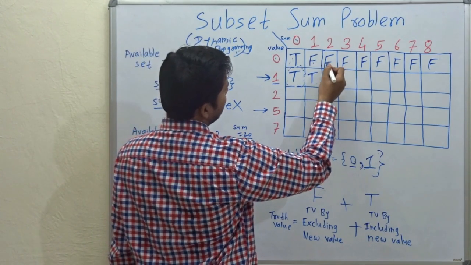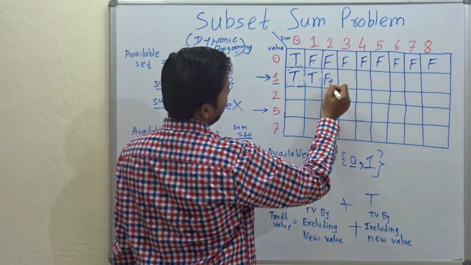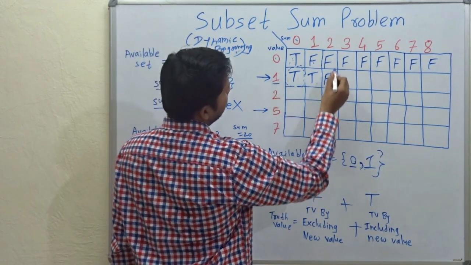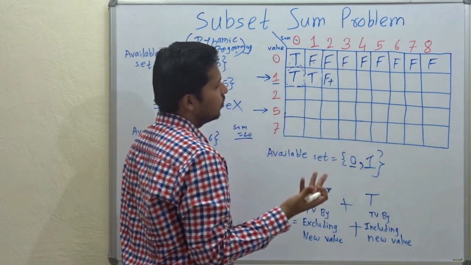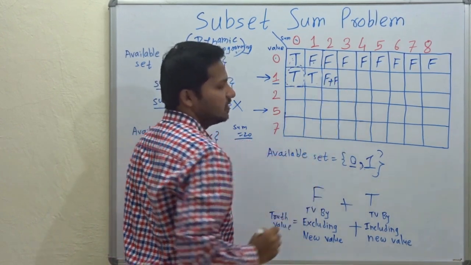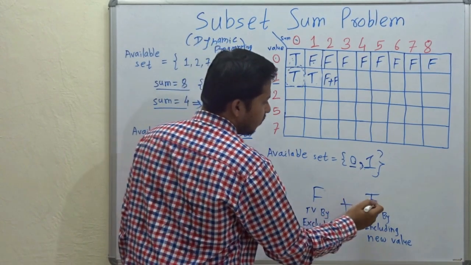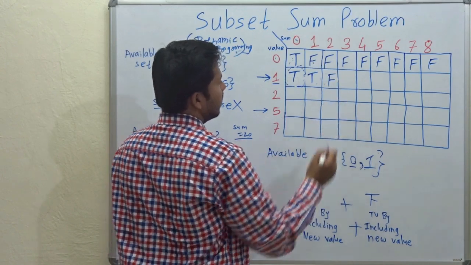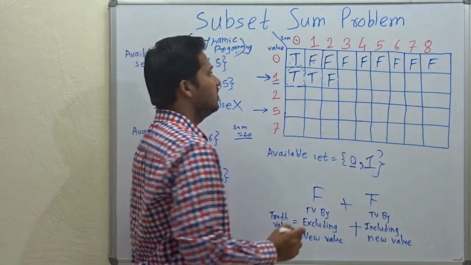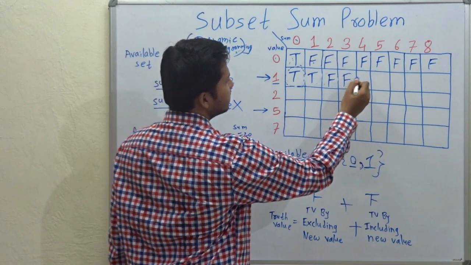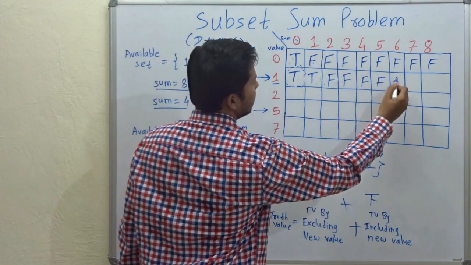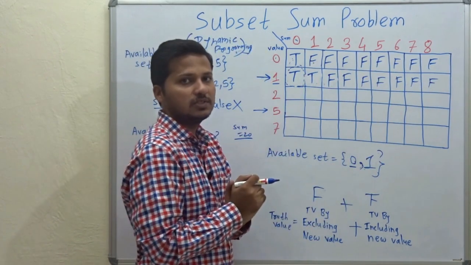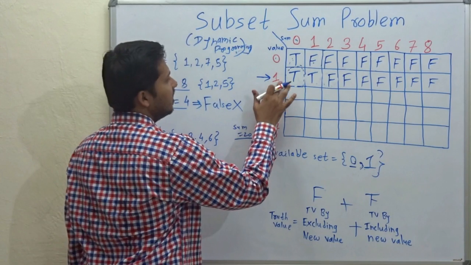So for this cell the upper cell value is false, or by including 1, so whether you can form 2 by 1? No, so that is also false. So false or false is false. Now for all the next cells it is going to be false, because by using 1 you cannot form any of the next values. Let's go to the next cell.